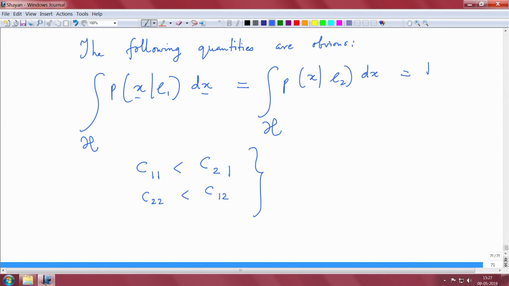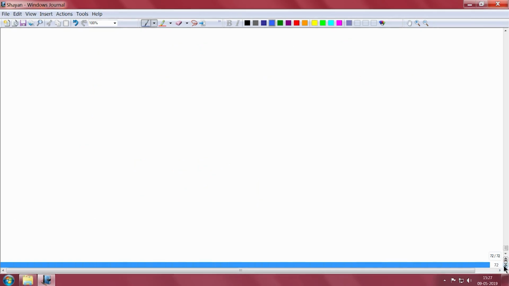Now, with this we will simplify the risk associated with the 2 class problem. So, let us rewrite this risk again. R is C11. You should be now comfortable with C_ij's. That means for C_ij, j is the true class label and i is what you are classifying the data point as.